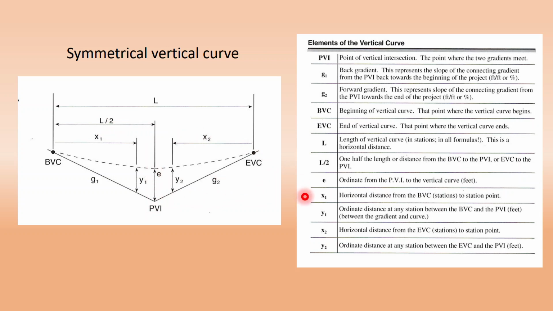X distance is a horizontal distance from either the beginning of your vertical curve out to a random station of interest, or it's a distance from the end of your vertical curve out to a random station of interest. And at those specific x distances, we then have what are called y ordinates, or y offsets. And y dimensions are the vertical distance from the gradient line up or down to the design curve elevation.